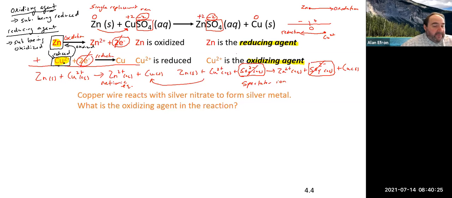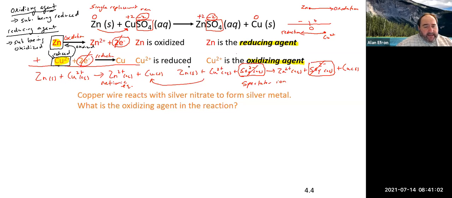That is why copper 2 is known as the oxidizing agent, but it is being reduced. So again, sometimes people get a little bit confused on that. It's something different when you're asked about the reducing and oxidizing agents versus what is being oxidized and what is being reduced. So zinc overall is being oxidized, but it is considered the reducing agent. Copper 2 is being reduced overall, but is considered the oxidizing agent.